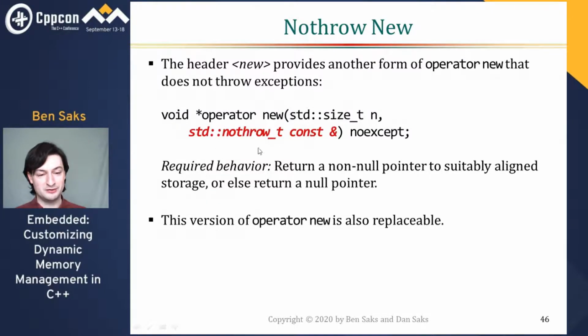And this version of new is also replaceable, and it has a different required behavior. Return a non-null pointer to suitably aligned storage, or return a null pointer. So this is something that we can generally use on embedded systems a little bit more easily.